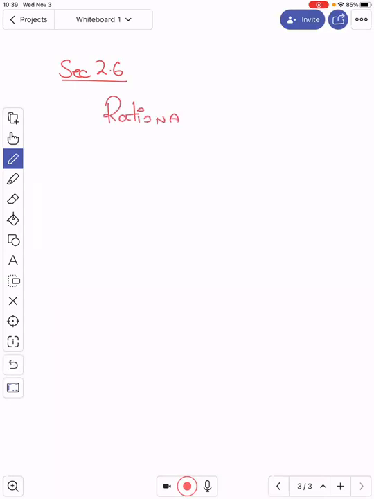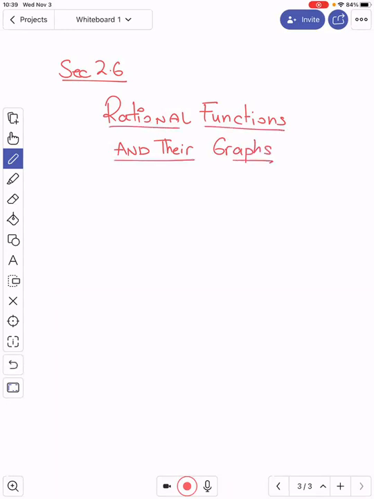After polynomial functions, we have rational functions and their graphs. Now things are going to get a little more complicated, guys, because it's not just a polynomial, we're going to have a quotient of polynomials.